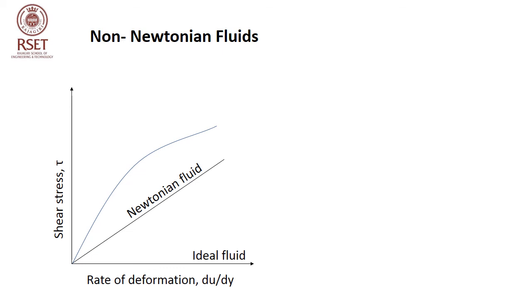That is, the initial phase viscosity will be higher, and as the rate of shear strain increases, the viscosity decreases. Arbitrarily, if I take a location and find the slope, it can be defined as the apparent viscosity. Such fluids are called shear thinning fluids or pseudoplastic.